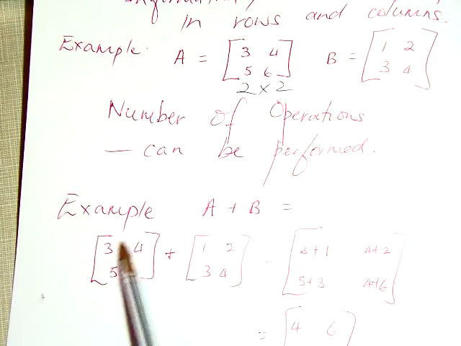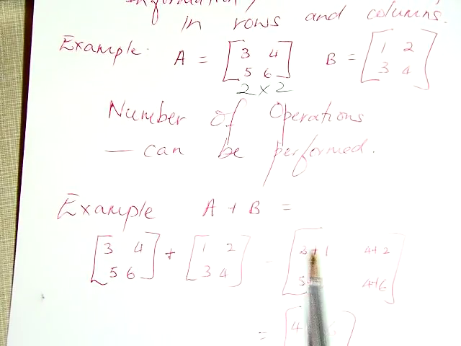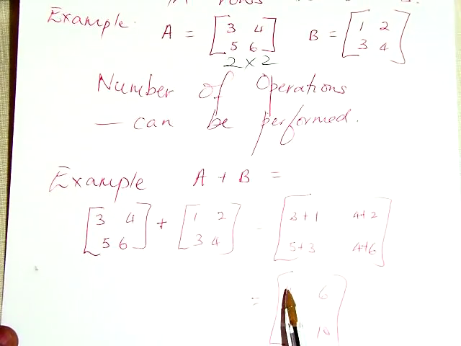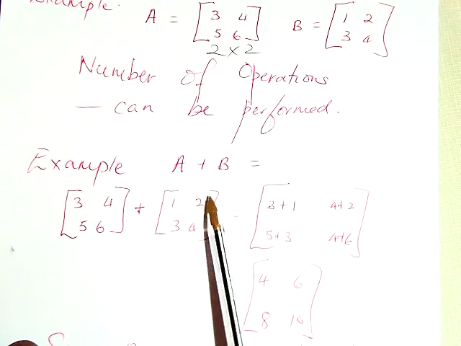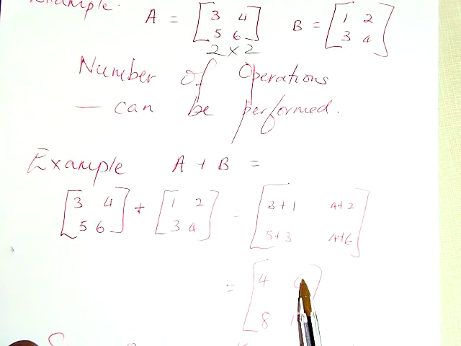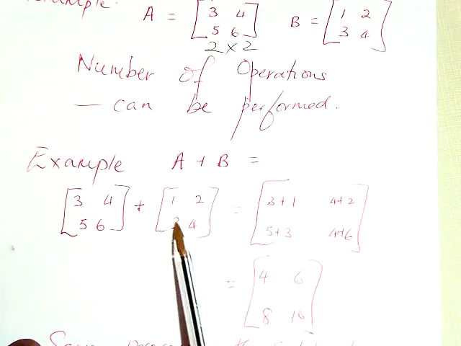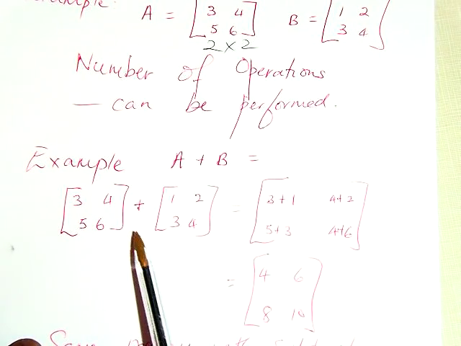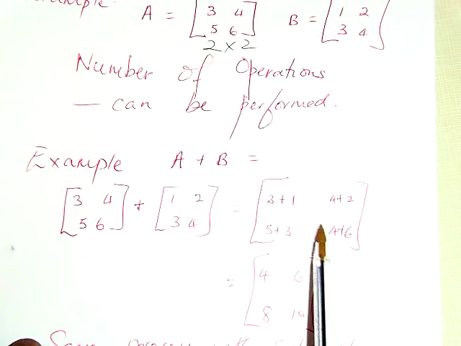For example, top left with top left, the answer is going to go up here, so I would get 4 for that. Top right with top right is added, and that answer goes here. Bottom left with bottom left, that answer goes there. Bottom right with bottom right, answer goes here.